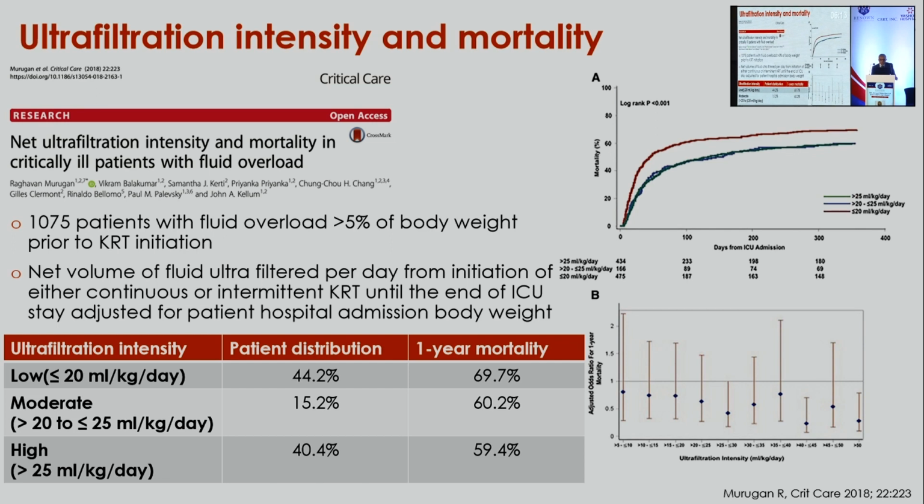What they found is that those patients where the ultrafiltration intensity was more than 25 mL per kilogram per day had the lowest mortality at 1 year as compared to patients who had less intensive fluid removal.